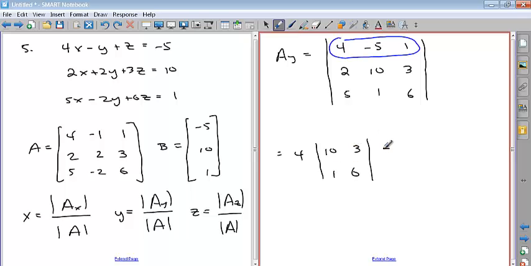Then I have minus a negative 5. Cross this out, cross that out, that leaves these 4, so you get 2, 3, 5, 6. And then we got plus 1. From here, cross those out, you're left with 2, 10, 5, 1.